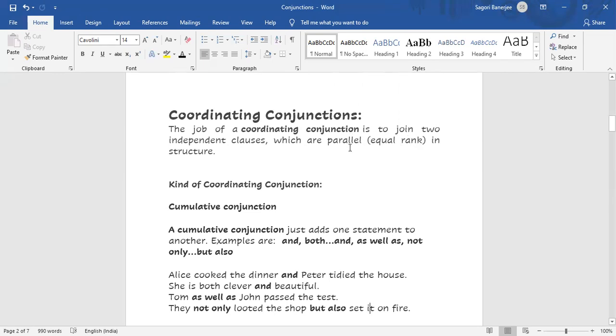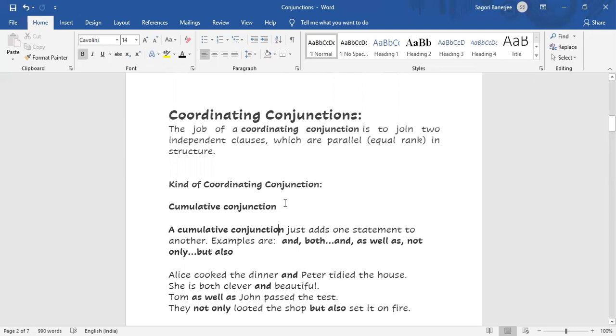We cannot say one clause is depending on another. When this type of clauses are joined by a conjunction, that conjunction is called coordinating conjunction. So what is the function of coordinating conjunctions? It joins two equal rank clauses or two independent clauses.